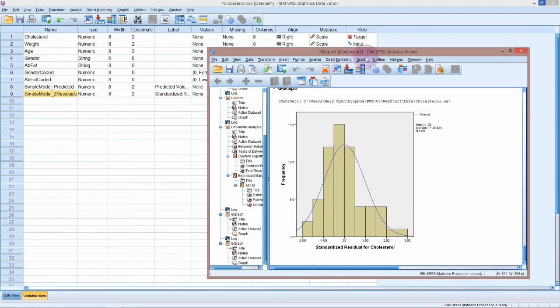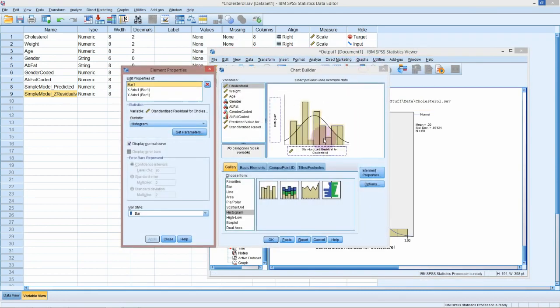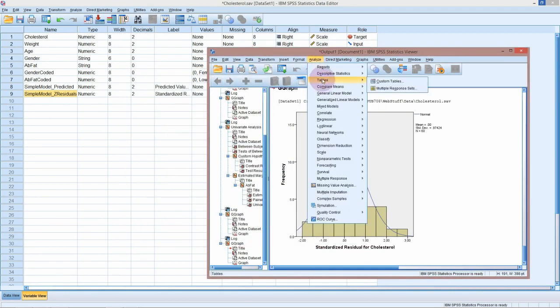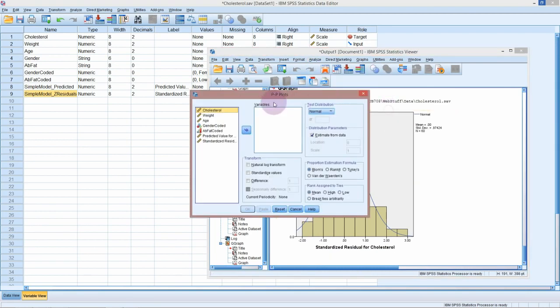We could do, and just wondering if it'll give me a normality test, a PP plot for the standardized residuals, test if it's a normal distribution.